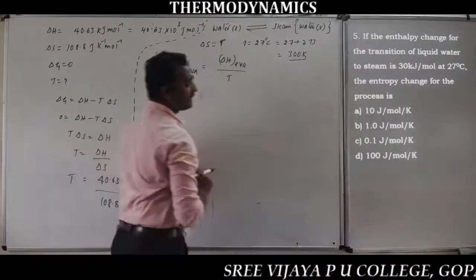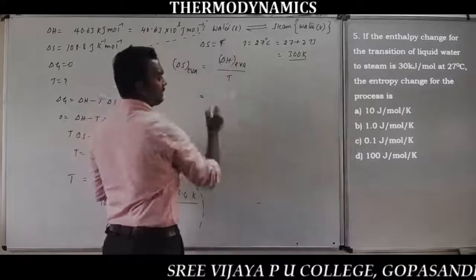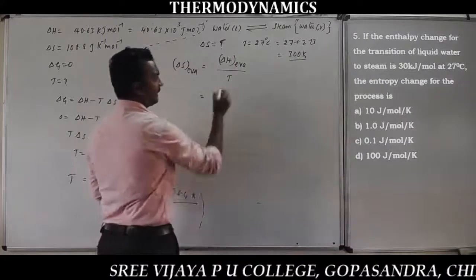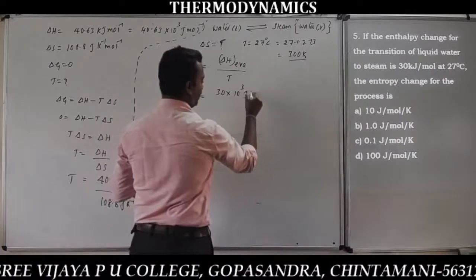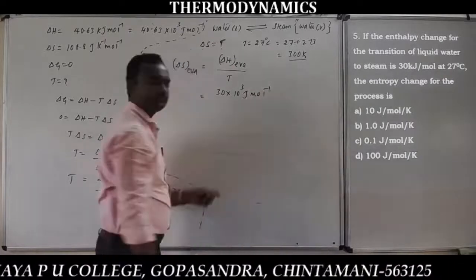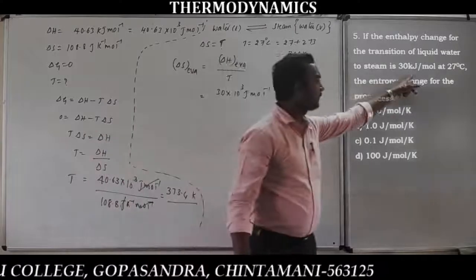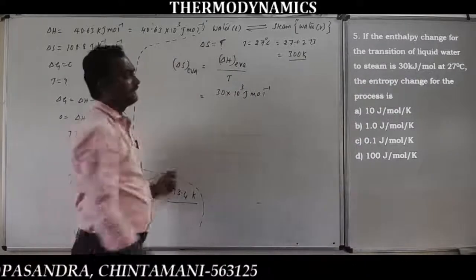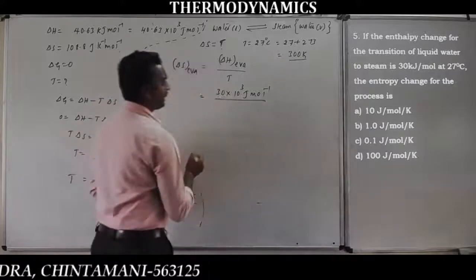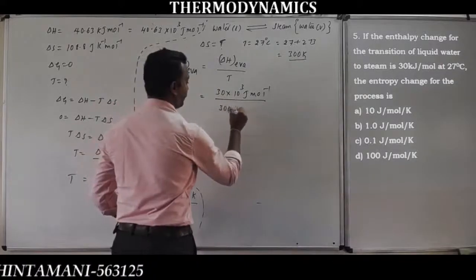Water liquid state to steam state, and for going to steam it is 30 kilojoule per mole. Converting kilojoule to joule, 30 into 10 power 3 joule per mole, divided by the temperature, that is 300 Kelvin.